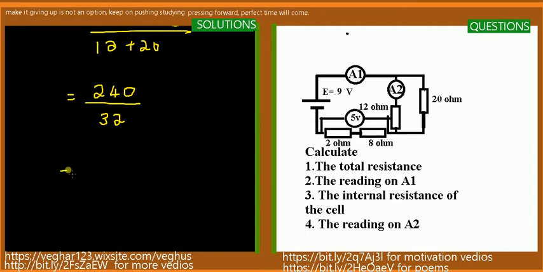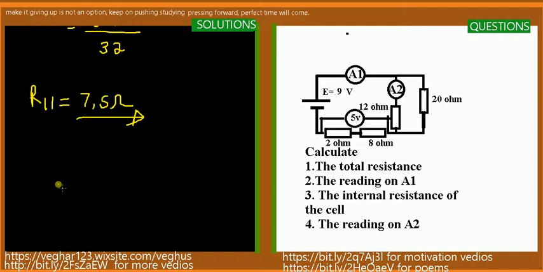Then dividing, we'll have 7.5 ohms. So this is the resistor in parallel. We're looking at the resistor in parallel like this.